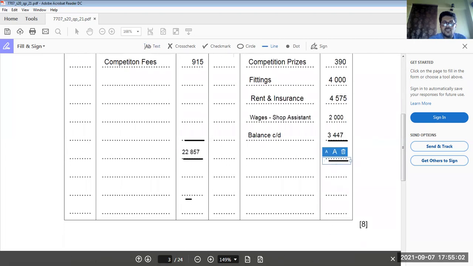And don't forget, please, you have to bring down the balance on March 1st. So the March 1 balance is on the debit side because we have cash available at that time. So the balance will be 3,447.